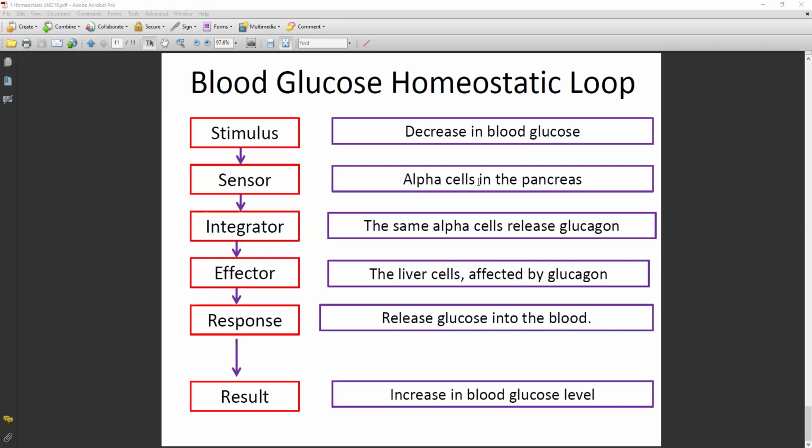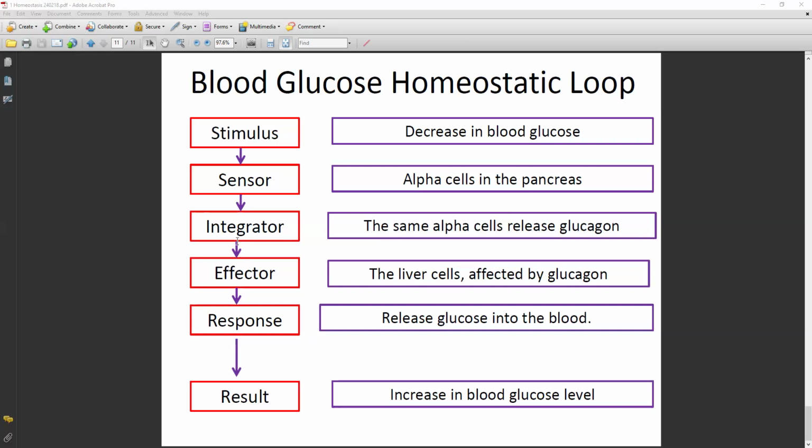So this sensor is part of the alpha cell. If the glucose level is low, this is critical because you need to maintain the glucose level. So the alpha cell will detect it, integrate this information in the cell, and then tell the effector by releasing glucagon.